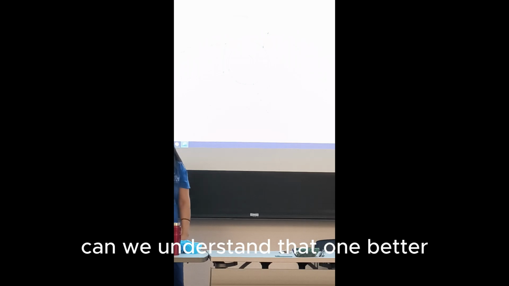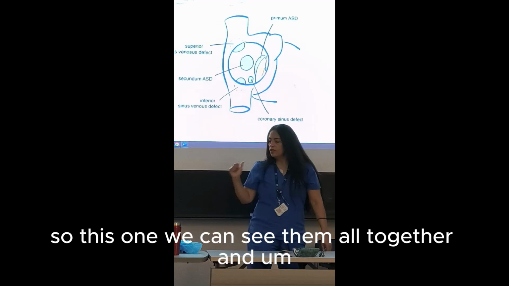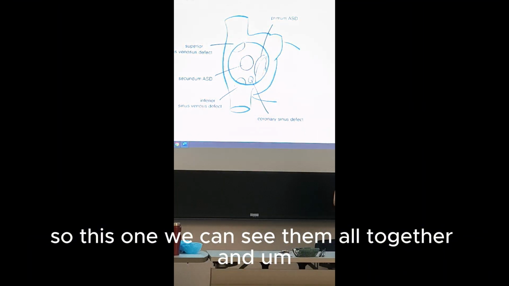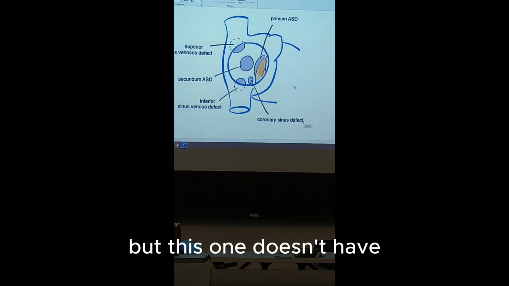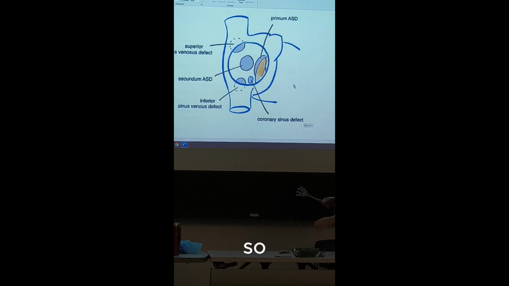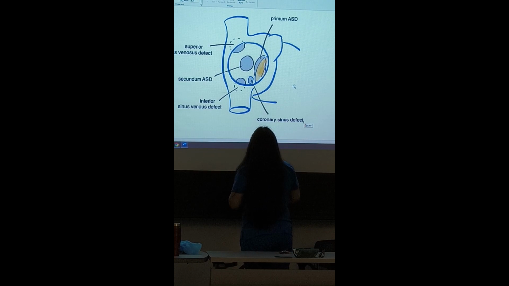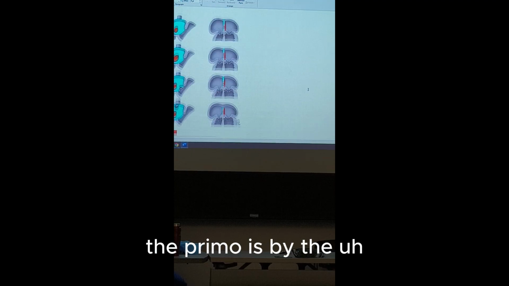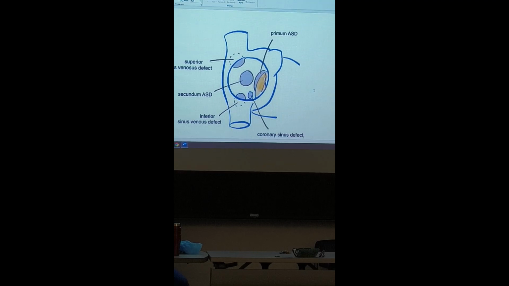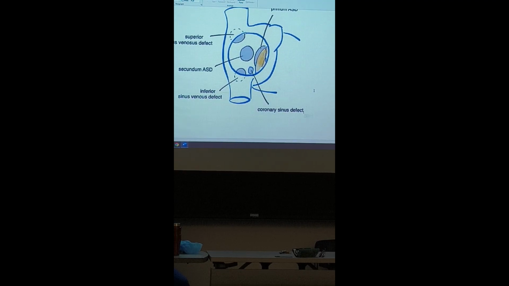Can we understand that one better? So this one, we can see them all together. The primum is by the ventricle. Sinus defect, inferior sinus venosus defect.